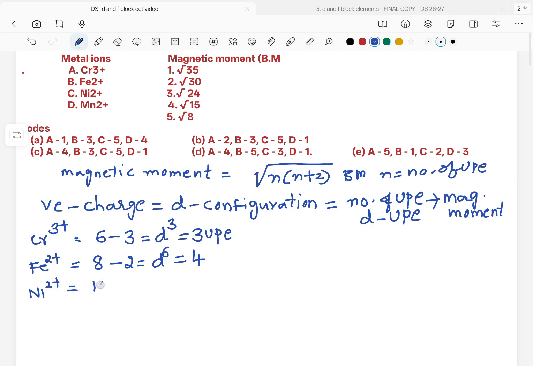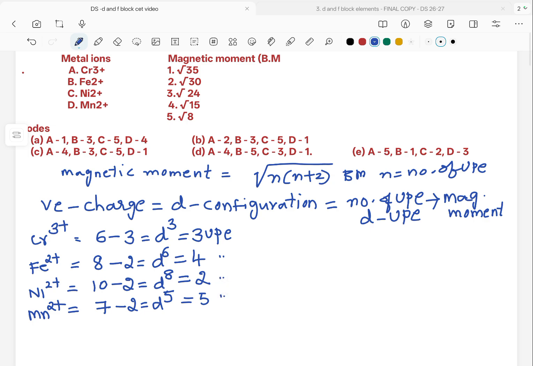Valence electrons are 10 in number. 2 electrons lost, so it will have D8 configuration, ends with 2 unpaired electrons. Manganese 2+ has 7 valence electrons, lost 2 electrons, will have D5 configuration, will have 5 unpaired electrons in it.